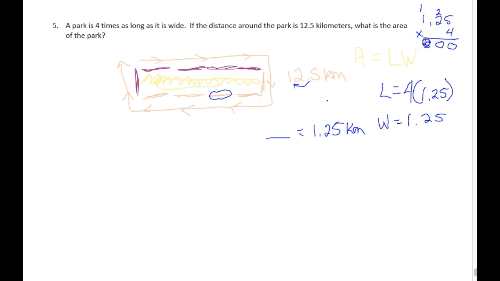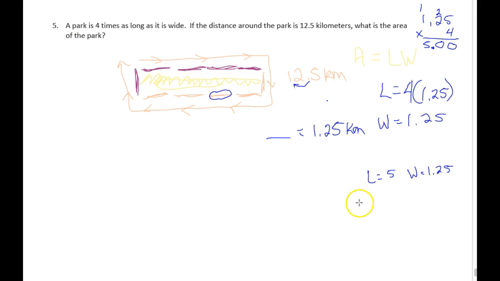And it's not 500, right? That's too big. If each one of those pieces is a little bit more than 1, there's 2 decimal places here, so there has to be 2 decimal places here. So now we're going to say length is equal to 5, width is equal to 1 25/100ths.